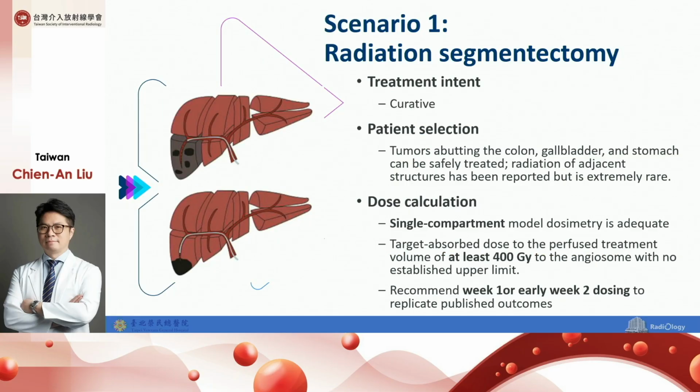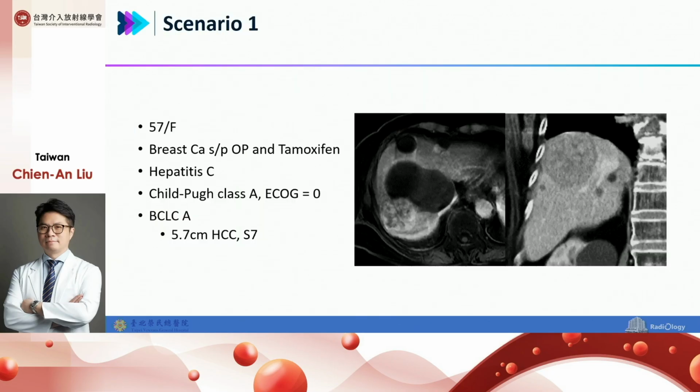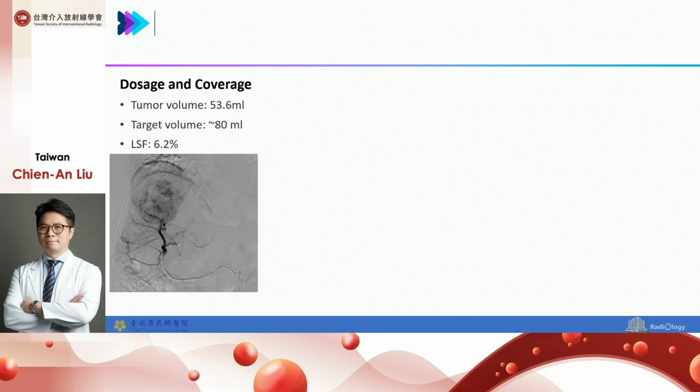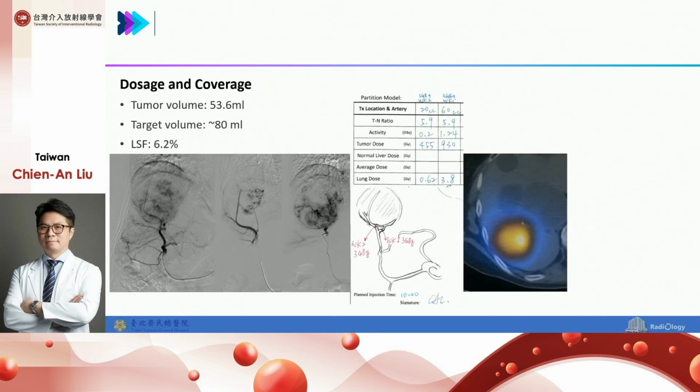Scenario one is radiation segmentectomy. 1400 gray has been mentioned many times in this session. They recommend a week one or early week dose to do that. This is a 5.7 HCC in segment 7, with quite good liver function, ECOG equals 0, Child A. In this case, we think we can do radiation segmentectomy in different vessels.